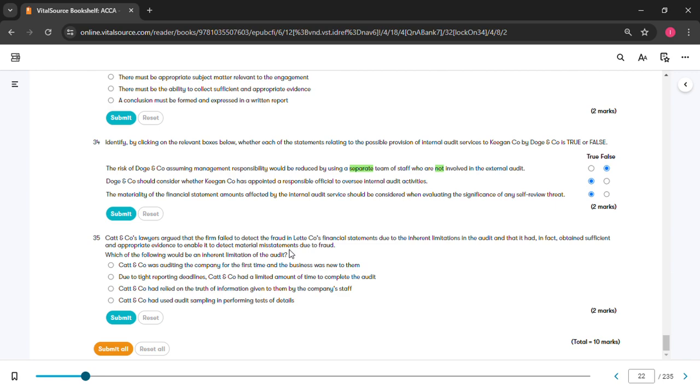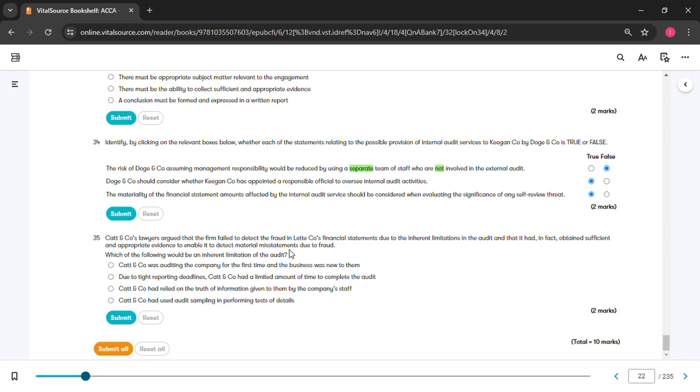No. Next: due to tight reporting deadlines, Cat has a limited amount of time to complete the audit. Can we give that excuse? Even if there is little time, you have to assess the risk and do the work. I cannot say that I don't have time.